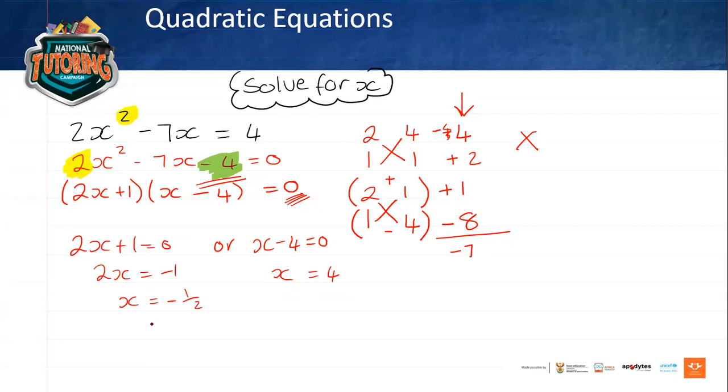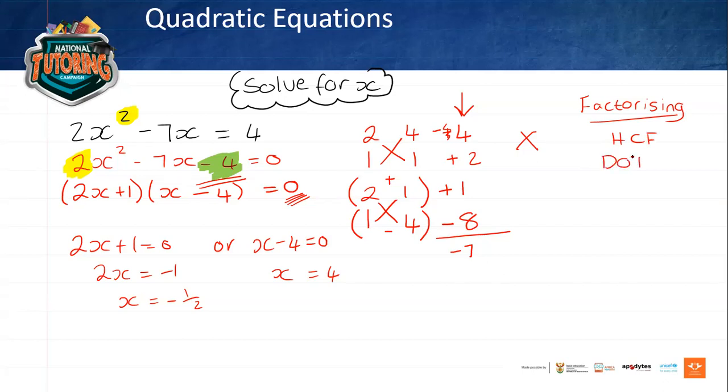Now you could be asked for factorizing which maybe isn't factorizing a trinomial, like this example. You might have to factorize using common factor or perhaps difference of squares or even grouping. So you need to make sure that you go over your factorizing techniques that you would have learned in grade 10. You always start by looking for a highest common factor. We didn't have one in this example, but you could have one and you want to take that out first.